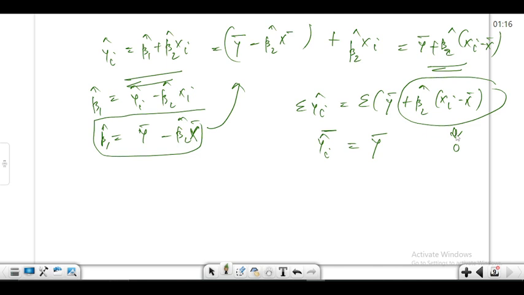Okay, so this is also a property of the OLS estimators.